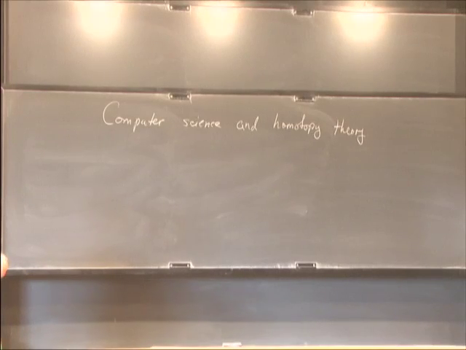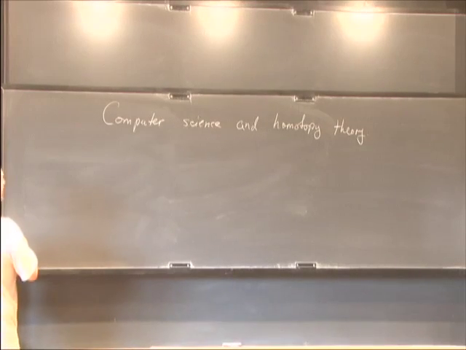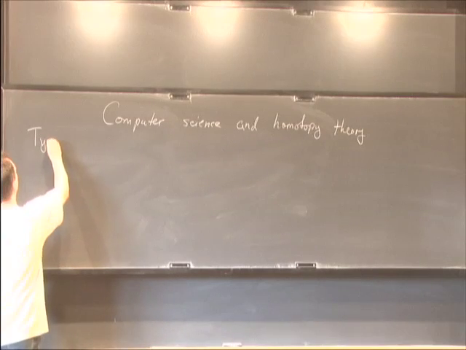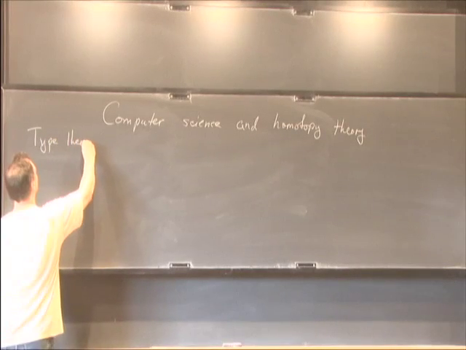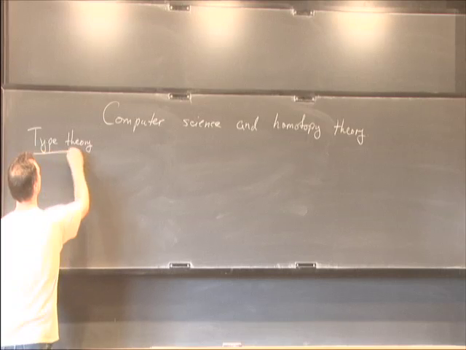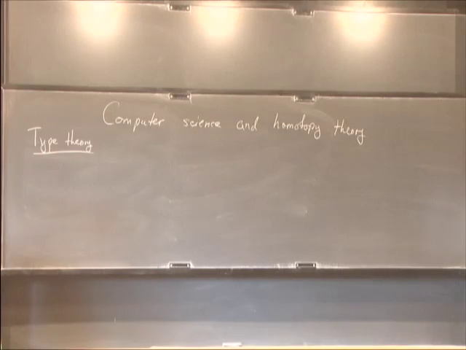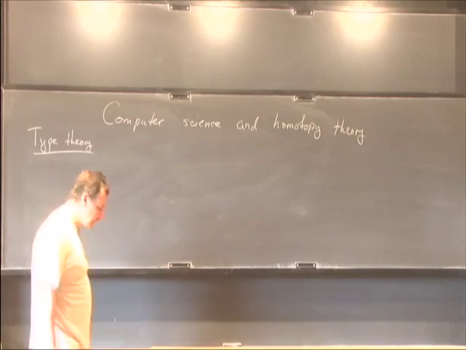So here is the story. There is an area in theoretical computer science which is called type theory. So let me try to explain what it is about.